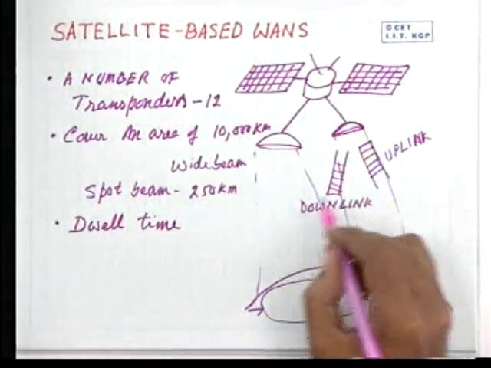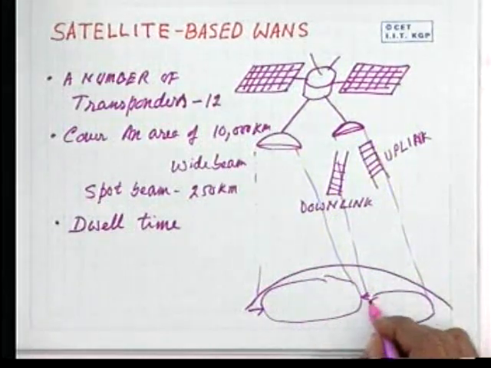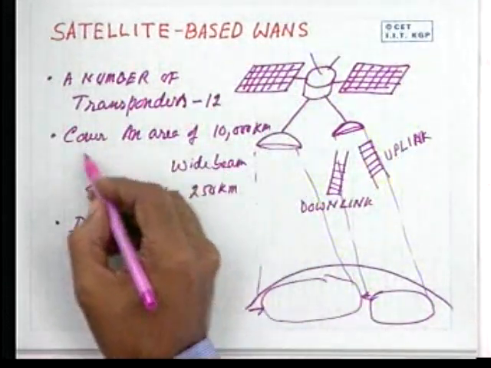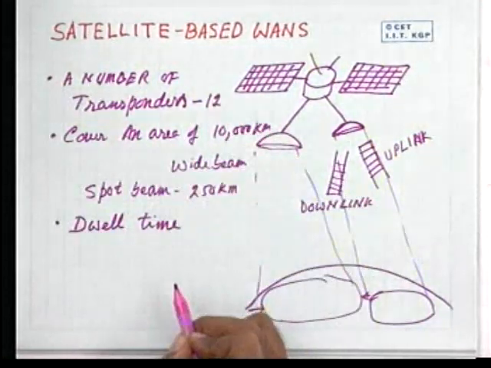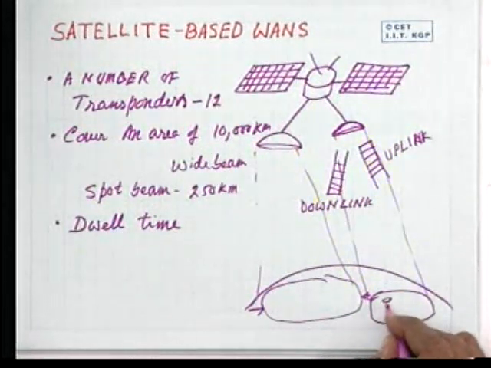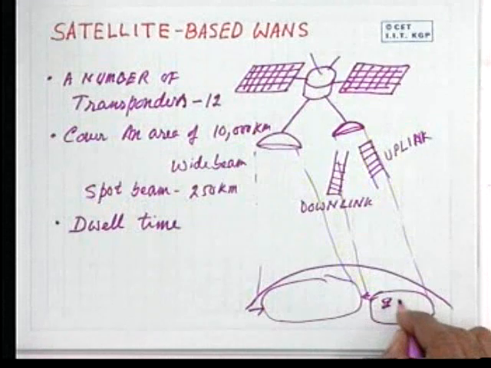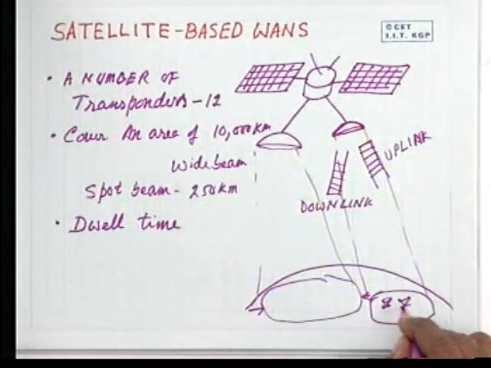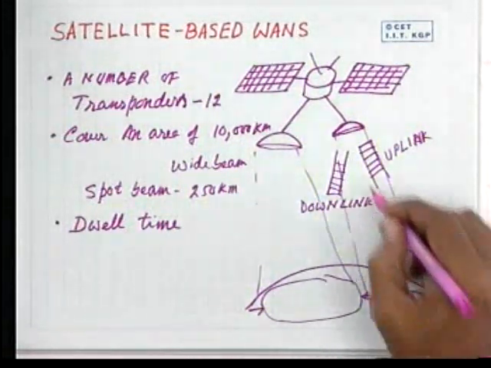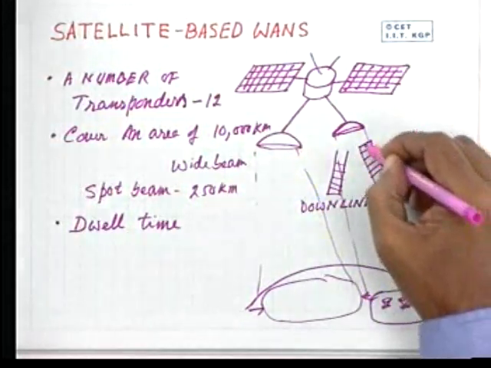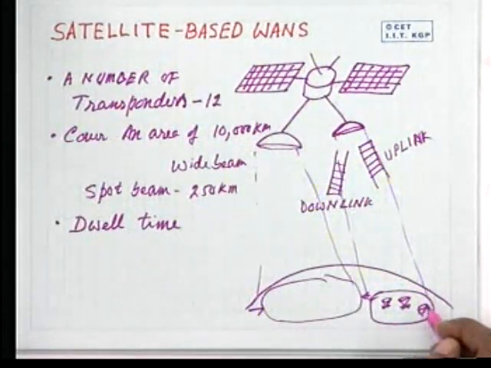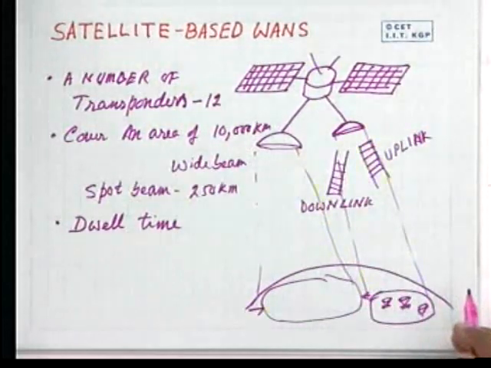Now, in this scenario, in this area, which is about 10,000 kilometers across or 250 kilometers across, you can have a number of ground stations, VSAT stations on the ground. Now, as you can see, there is a single uplink frequency which is being shared by all the ground stations covered under a transponder.